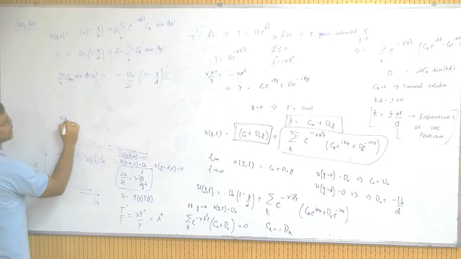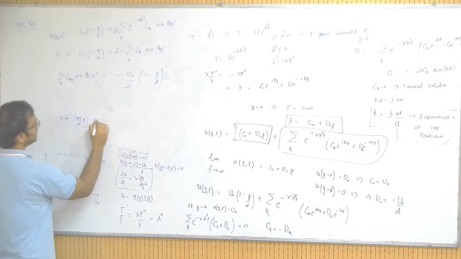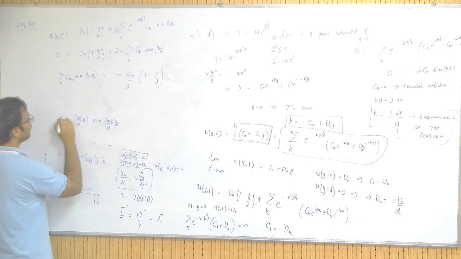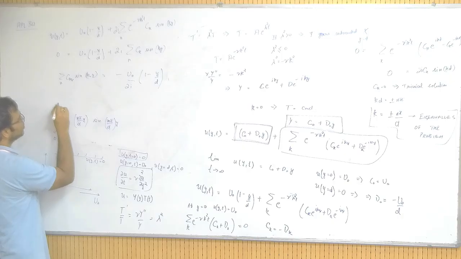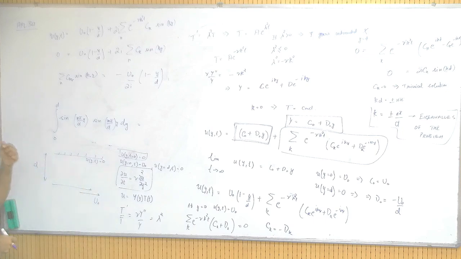So we know that the integral from 0 to d of sine n pi y by d times sine m pi y by d dy. Can you evaluate this integral? What is this integral?